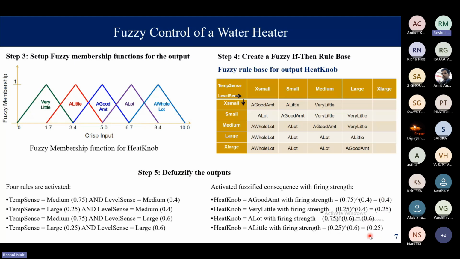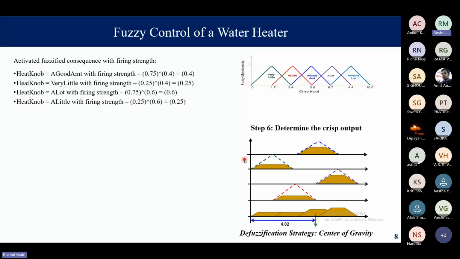That we haven't obtained yet. So I am copying this table again in the next slide, where we have obtained our decision, and that decision will be reflected on the membership function of this heat knob. So this curve and this table I am copying in the next slide. Here you can see the decision we have taken, and this is the membership function of that heat knob. Now depending upon that we have to determine the crisp output.